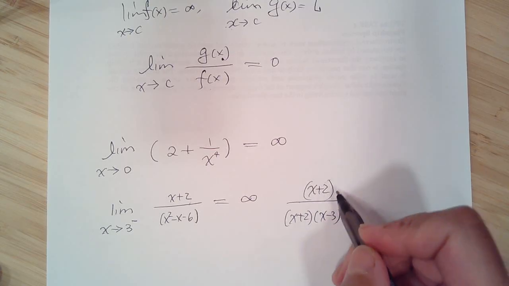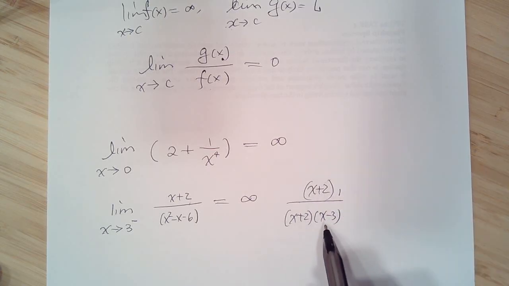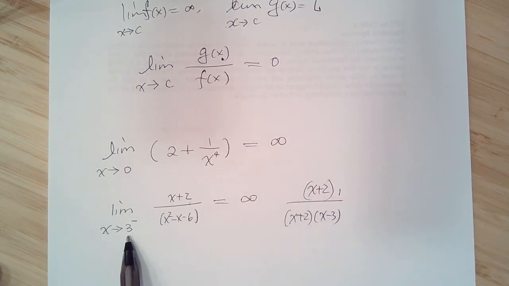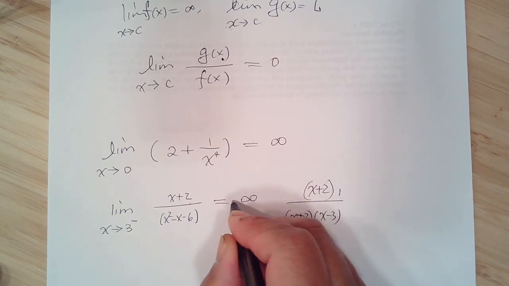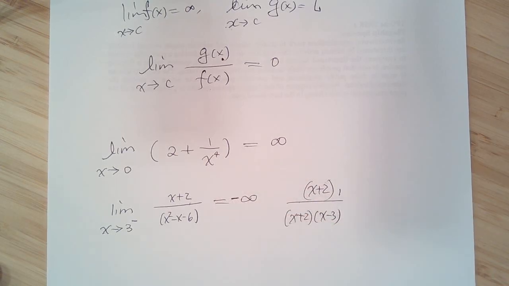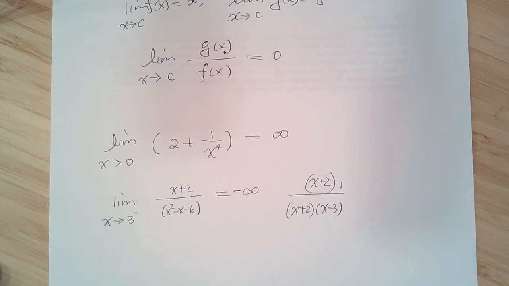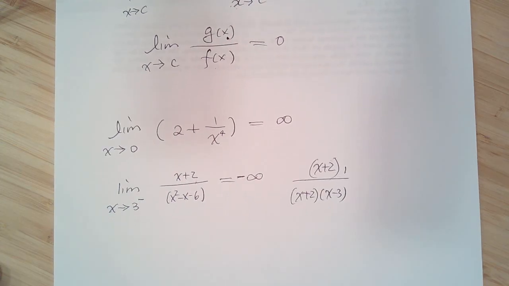You're going to cancel that out, and you get a 1 on top. Denominator, x approaches 3 from the negative side. So x minus 3 will approach 0 from the negative side. So it's a tiny negative number. Therefore, this should be negative infinity. That is your right answer. Okay? All right. Factor, right?